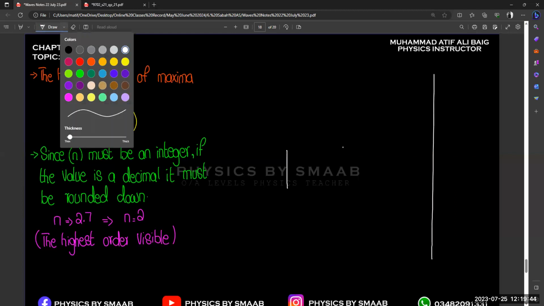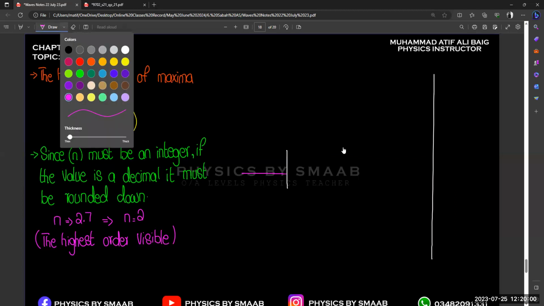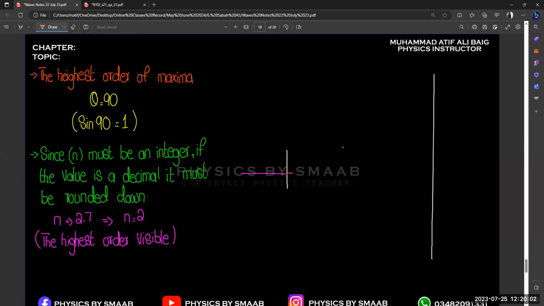And we are using laser light because laser light is monochromatic. It strikes the grating element and it simply moves in a straight line from the center. This is our center line.